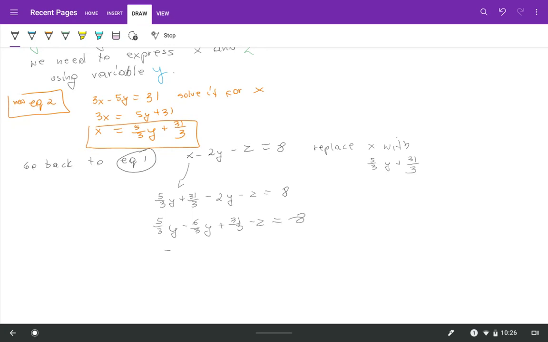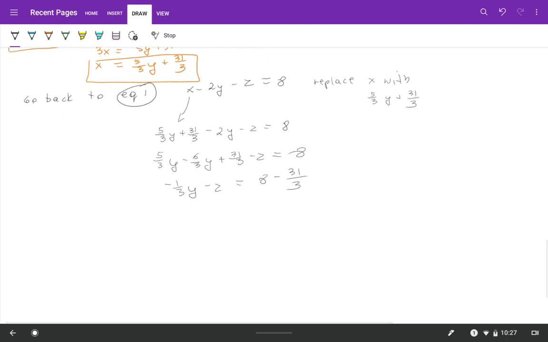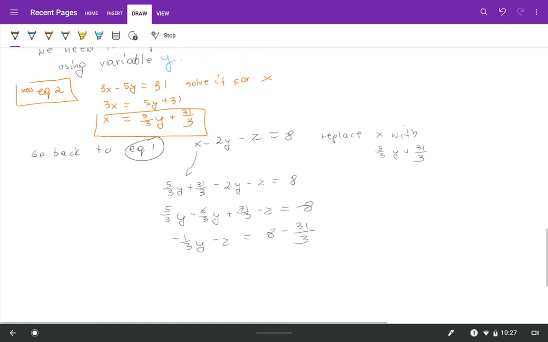So from here we're getting negative 1 over 3y minus z equal 8 minus 31 over 3. Look what I did before. I expressed x using variable y, not z like I originally told you. And I will do the same thing. I will solve this equation for z.